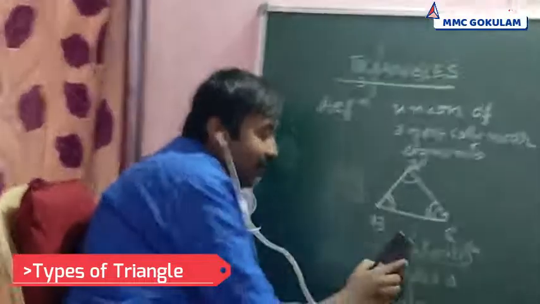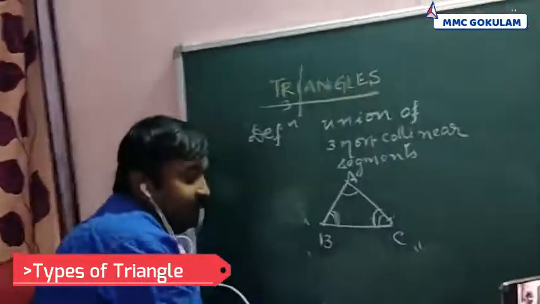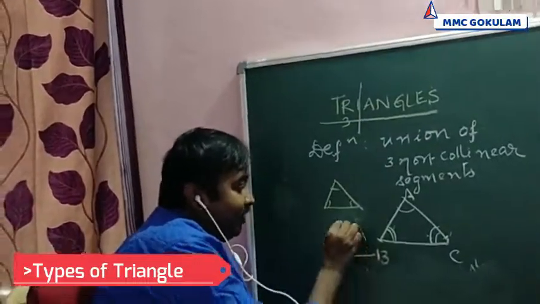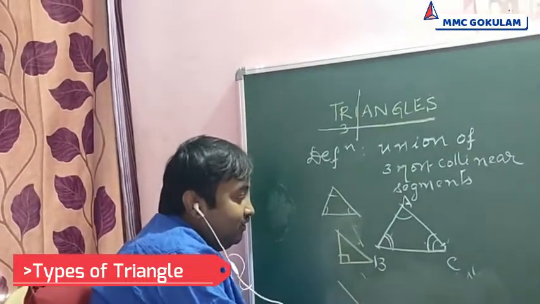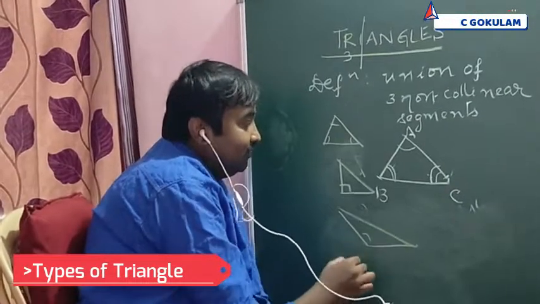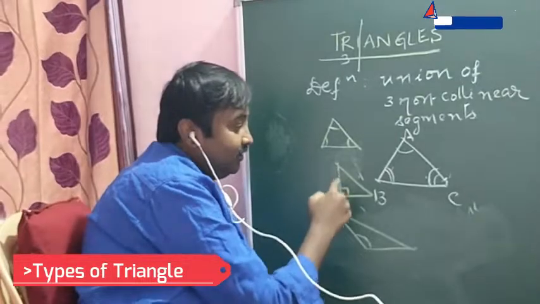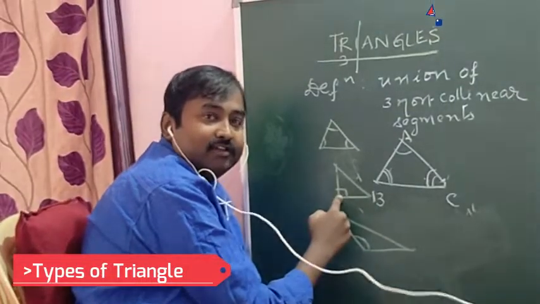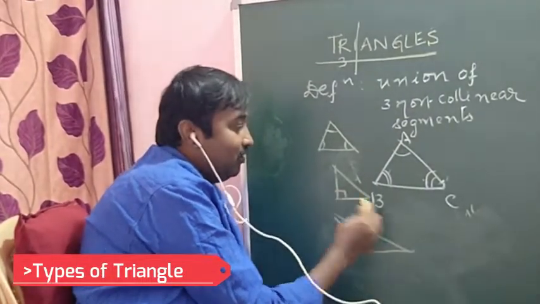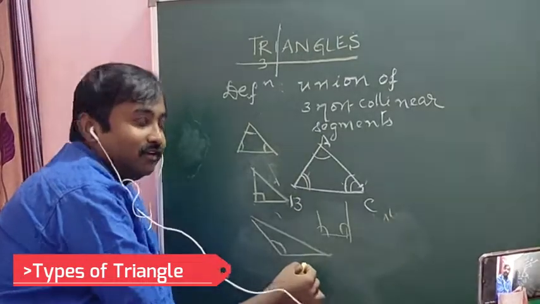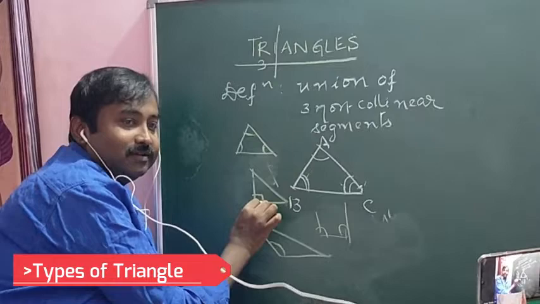So, depending upon angles, the first one is acute angle triangle, the second one is right angle triangle, the third one is obtuse angle triangle. All angles are acute in an acute angle triangle. In a right angle triangle, any one angle is a right angle, because if two angles are right angles, it will not form a triangle.